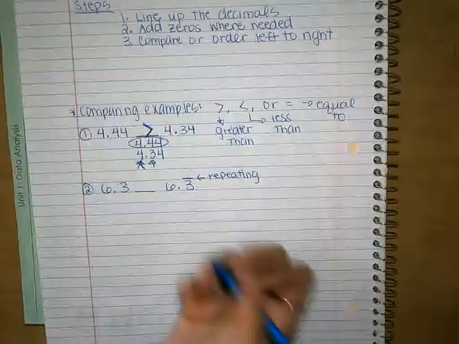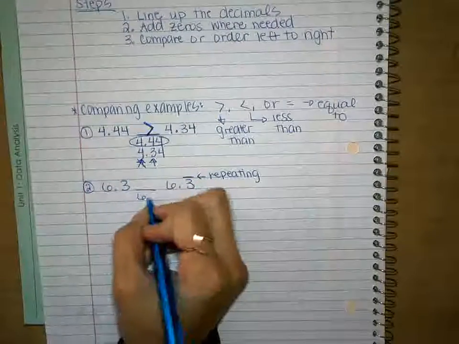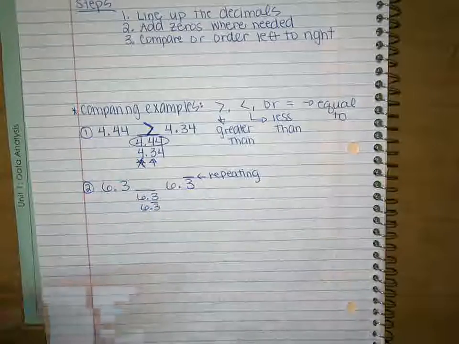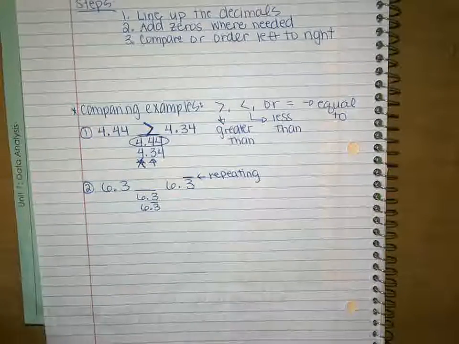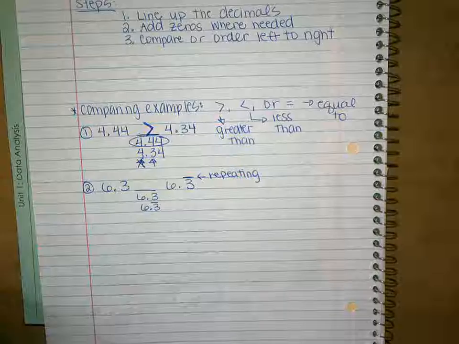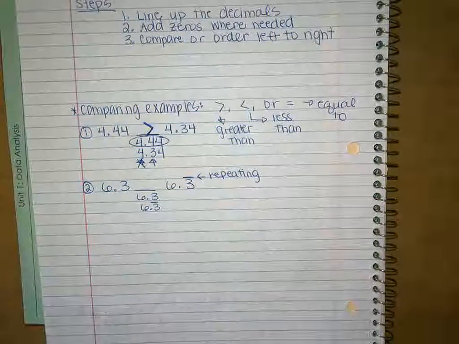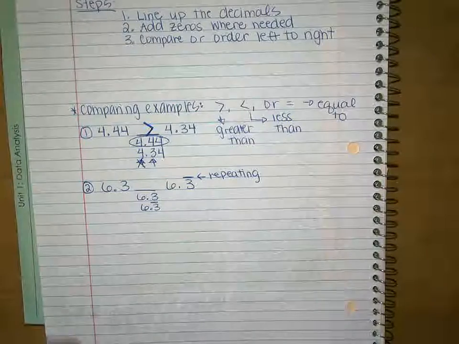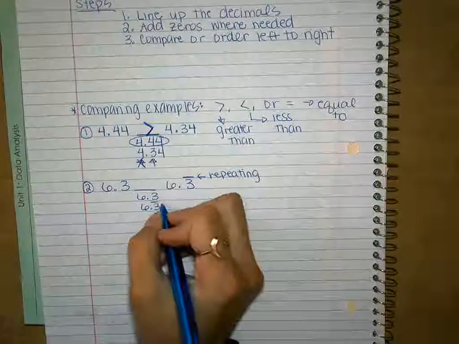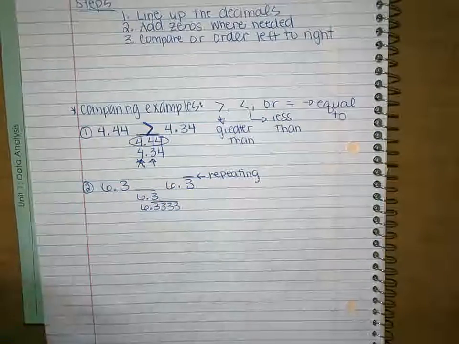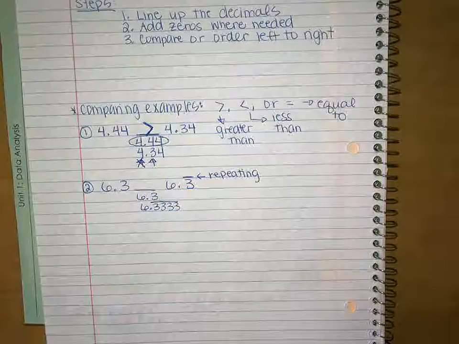So when I line up my decimals, I'm going to write 6.3 and 6.3 repeating. Here's the tricky part. They are not equal, like a lot of students want to say, because that repeating line means that 3 is going to continue on and on. So I could keep putting a 3 down because that's what that line means. It means that 3 is never ever going to end.